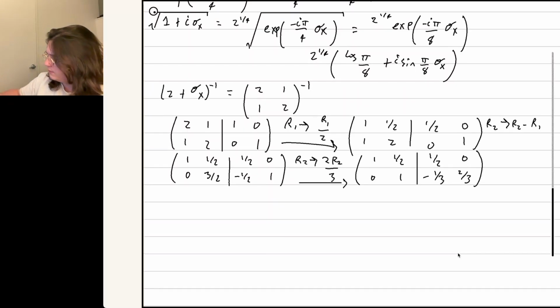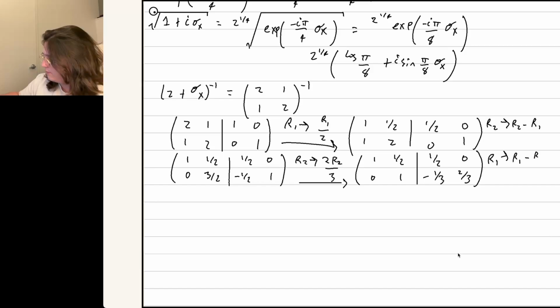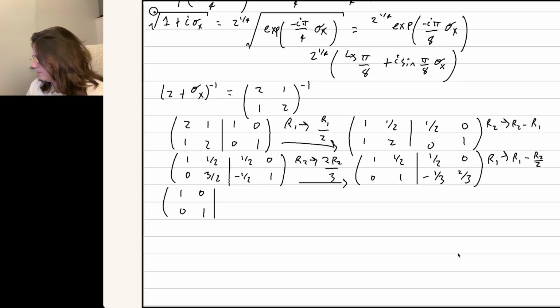Finally, you'll take row 1 and you'll have it be subtracted by 1/2 of row 2. So you'll get a 1, 0, 0, 1 on the left. And then on the right, you'll have 2/3, minus 1/3, minus 1/3, 2/3.